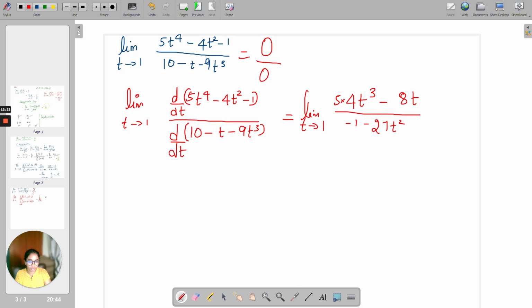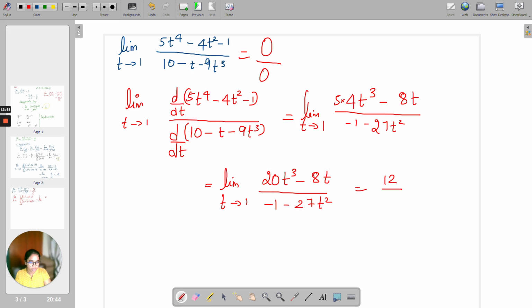So what next? If I apply the limits, would I get a value? Let me check. What is 20 minus 8? Is it 12? Yes, minus 1 minus 27t square, that is what we got.